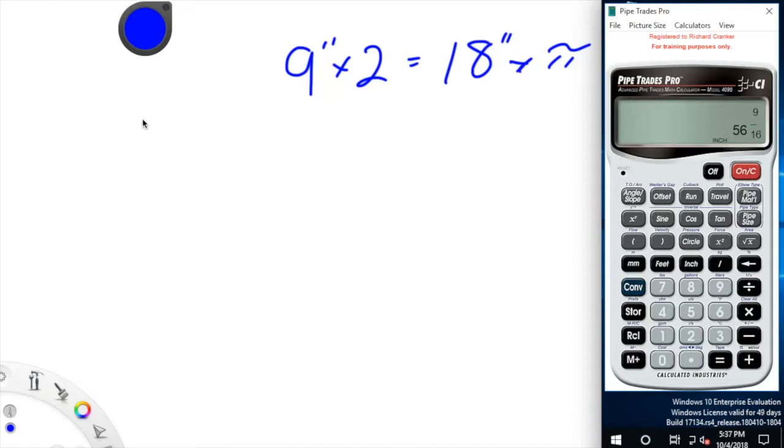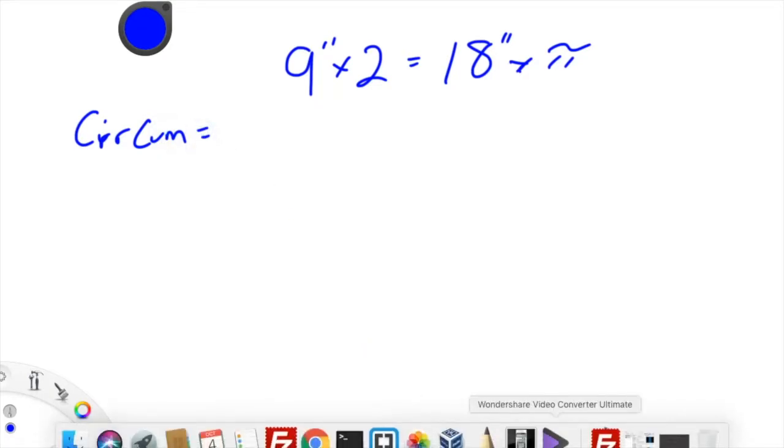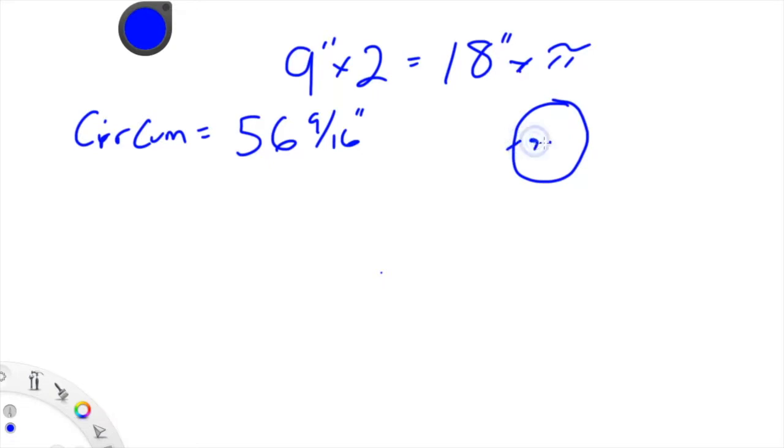That is our circumference, all the way around for a circle with a 9-inch radius.